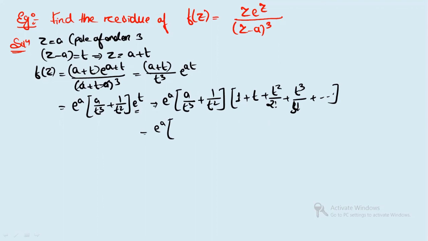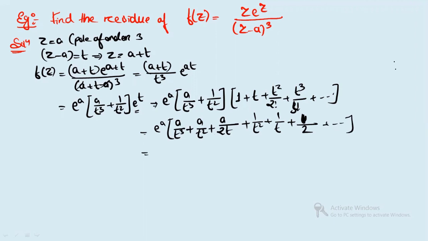So just multiply. The first term will be a by t cube, plus a by t square, plus a by 2t. I'm writing only 3 terms. Same thing you do for the second term: this will give you 1 by t plus, again, t by 2, and so on.